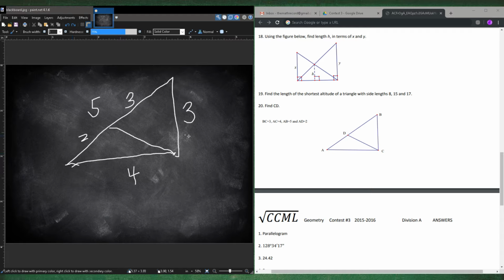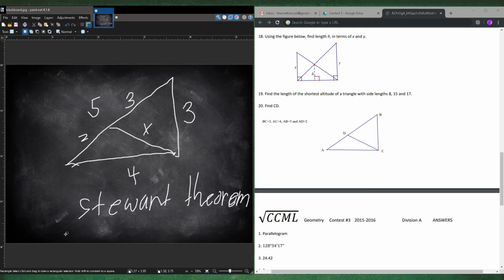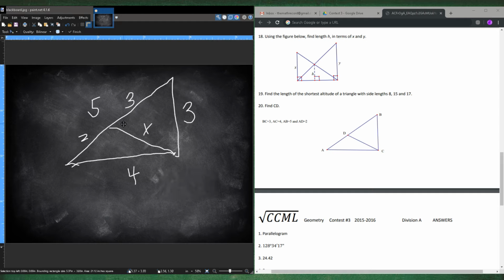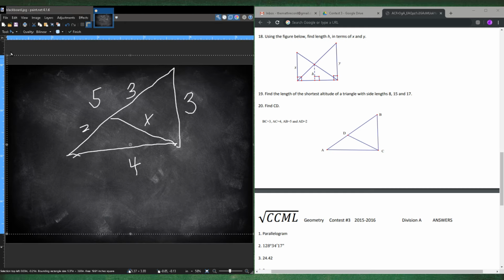Since we want to find CD, this is the altitude, we're going to use something called Stewart's theorem. This theorem helps us find the length of a segment that cuts a triangle into two triangles. Let's move this up a little bit; we need a little more room.